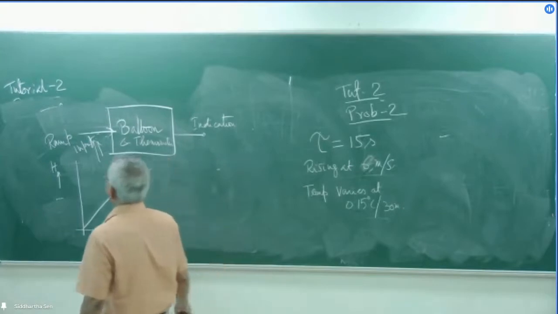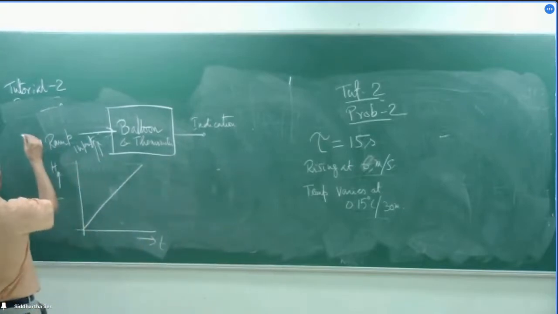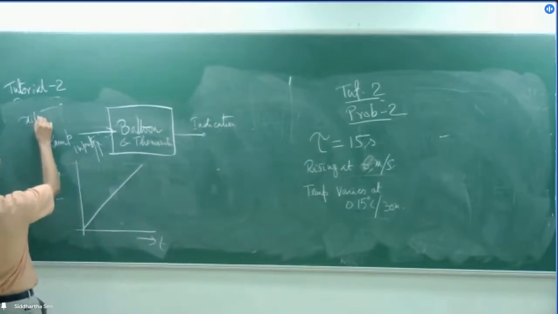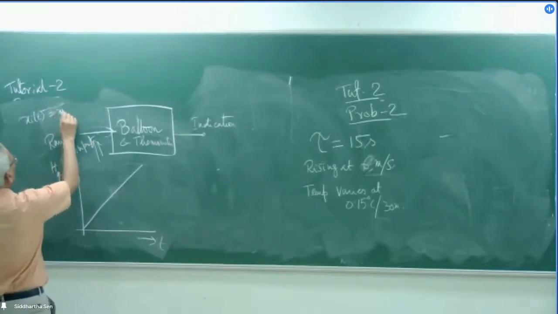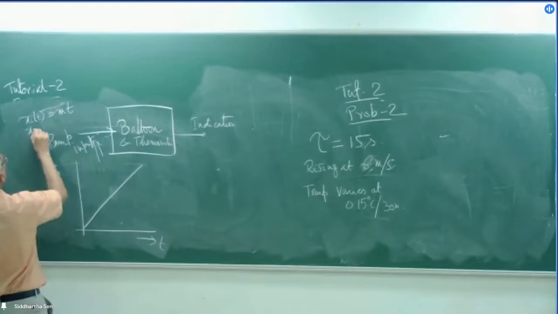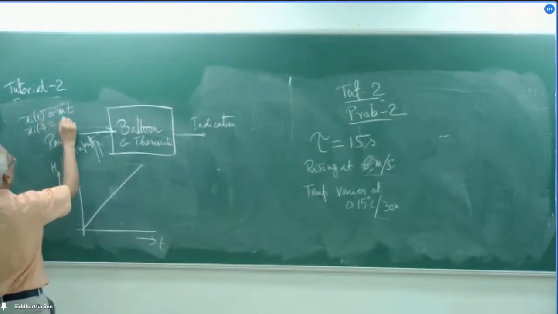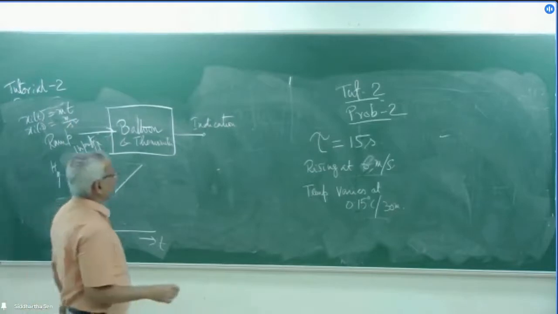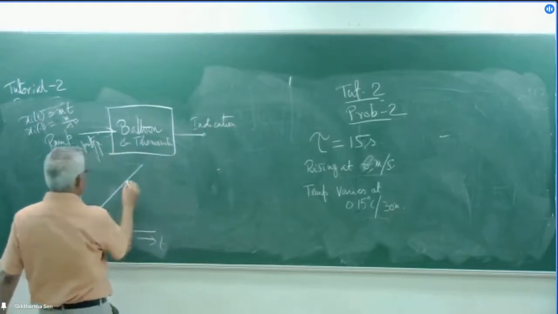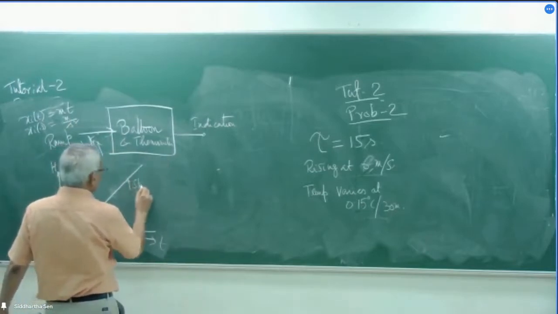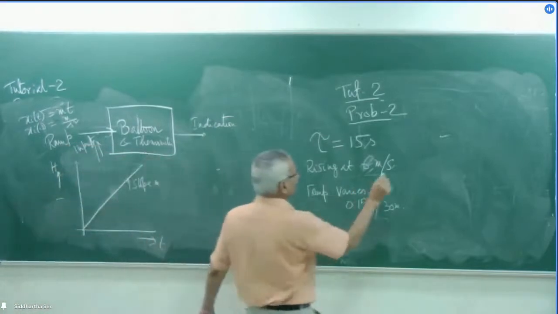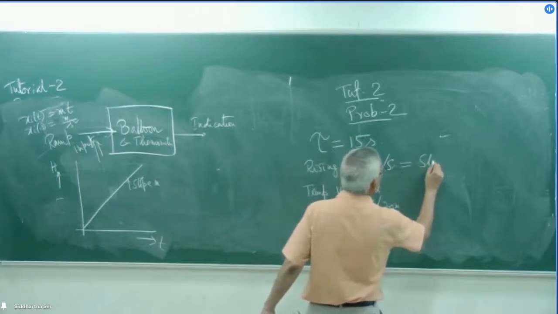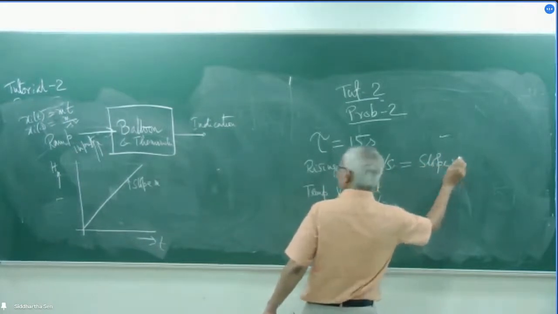So x(t) is equal to m into t, so X(s) is equal to m divided by s squared. What is m here? Here slope m, and basically this is equal to the slope m.